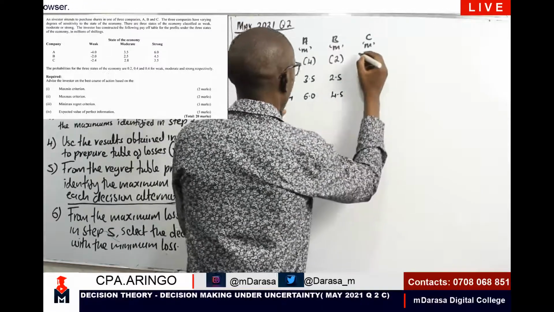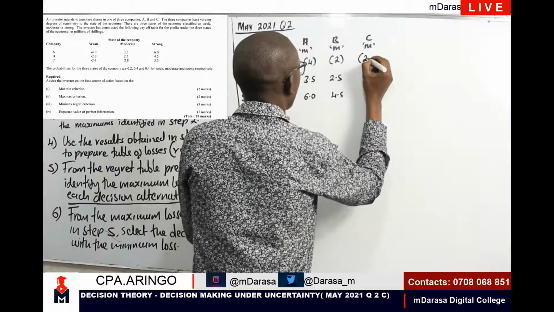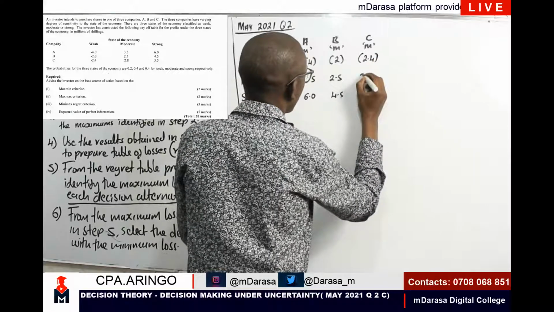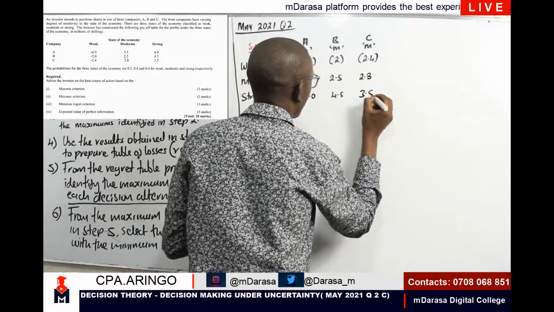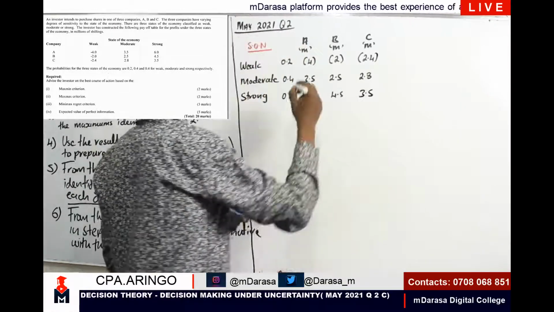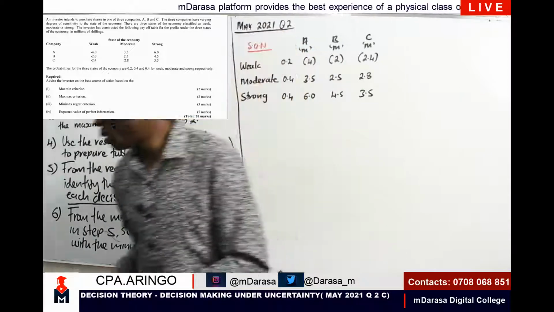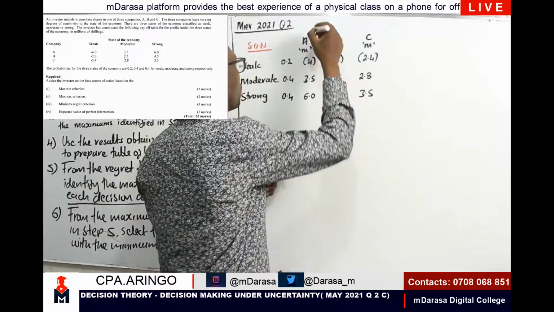Then for C, we have -2.4, we have 2.8, and we have 3.5. So basically that is our payoff table. It is the payoff table that we've just copy-pasted the way the examiner had given it to us.